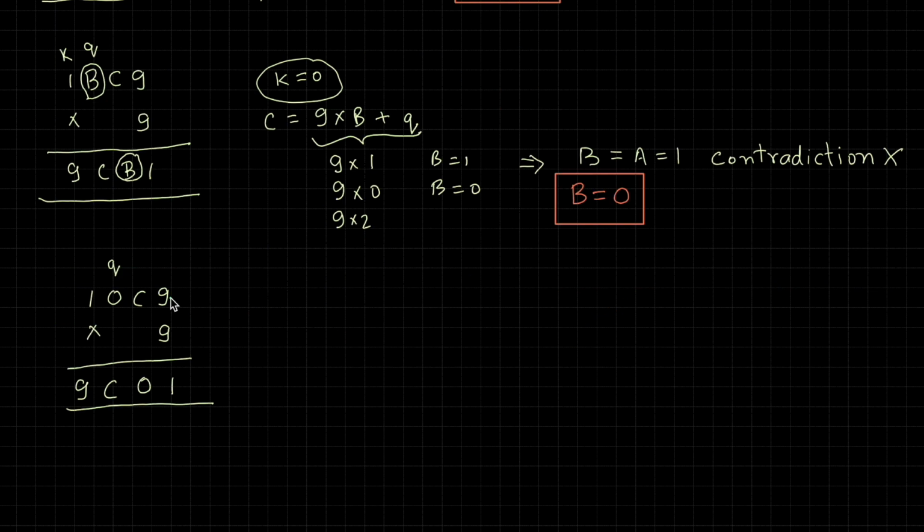Let's look at C next. For C, let's start with the multiplication of the bottom digits here. 9 times 9 is 81. So there will be a carry out of 8 here. Let's do the next digit now. 9 times C plus 8.